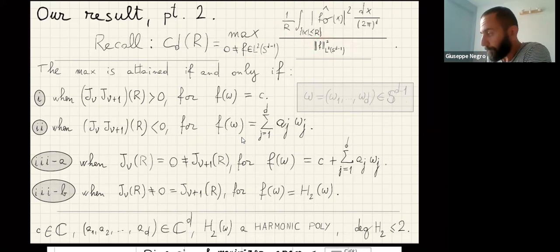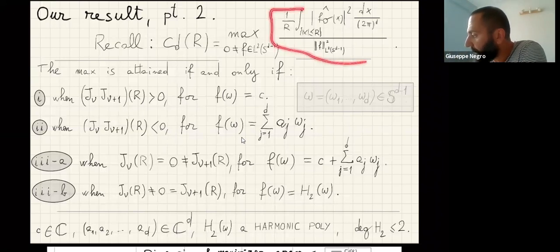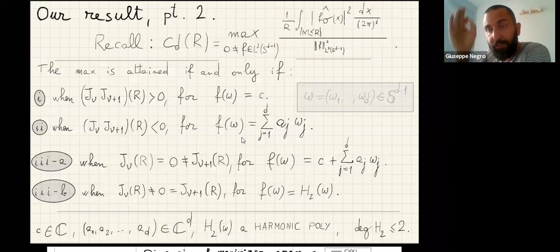This is what we are studying. And of course, this is the best constant of the inequality which we saw previously. So the inequality of Agmon and Hörmander tells us that this ratio is uniformly bounded in f. And now we want to start to compute the exact maximum.